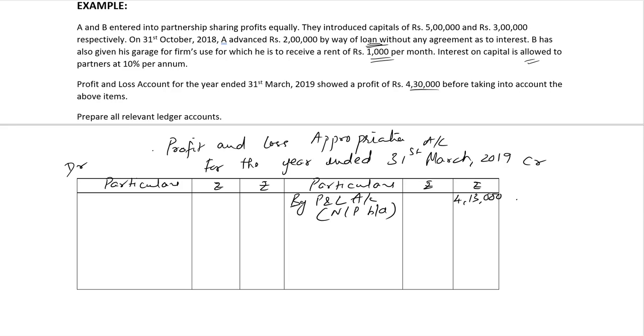Interest on capital is an appropriation, so let's give interest on capital. For A, it's 10% of 5 lakh, which is 50,000, and for B, the amount is 10% on rupees 3 lakh, which amounts to 30,000.